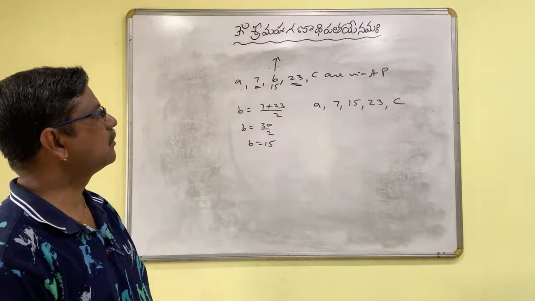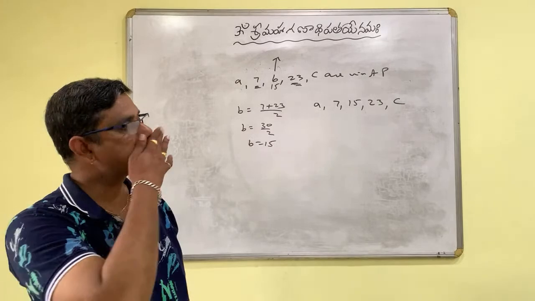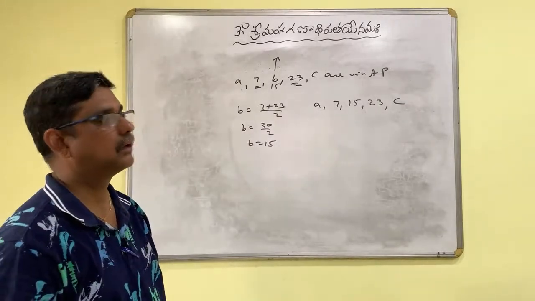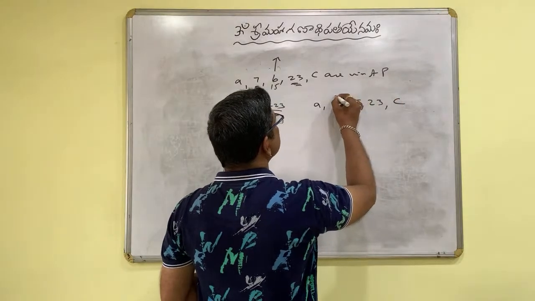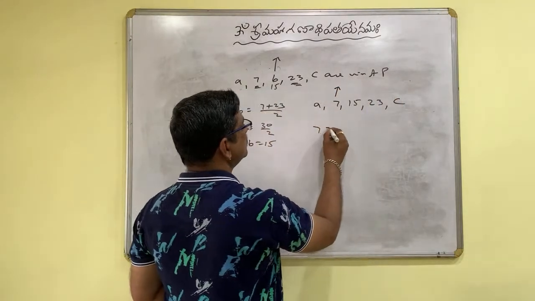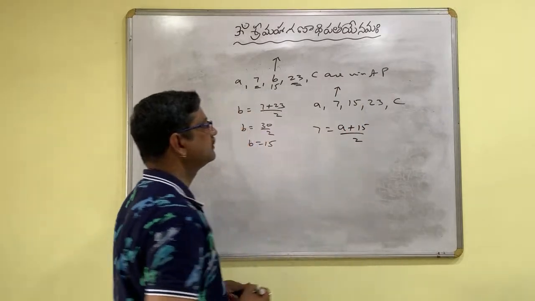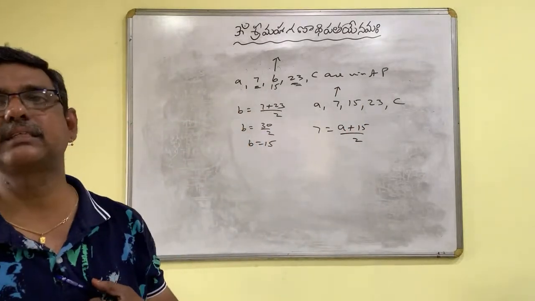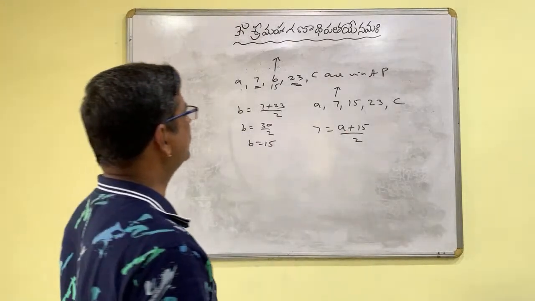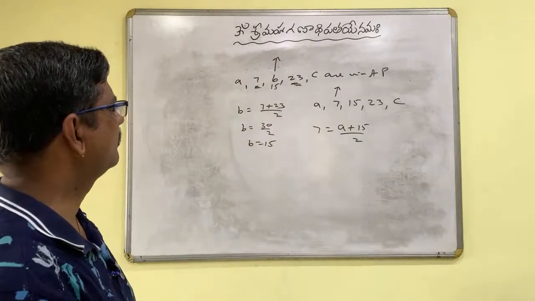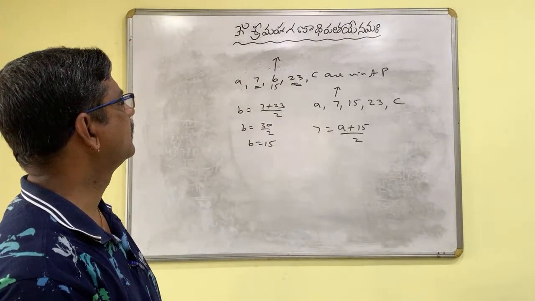Now how to find out A and C? Now this one over here, 7 is arithmetic mean of A and 15. Or you can observe, 15 − 7, 8 అవుతుంది.